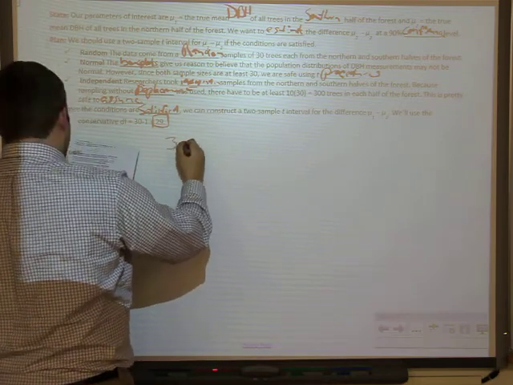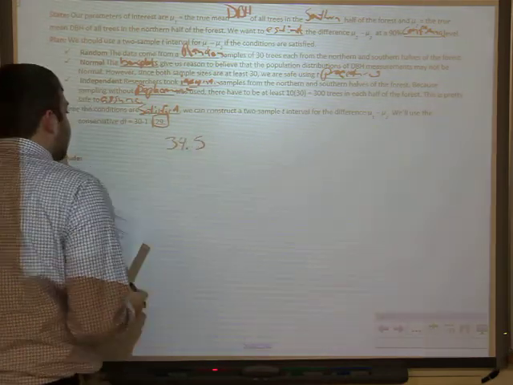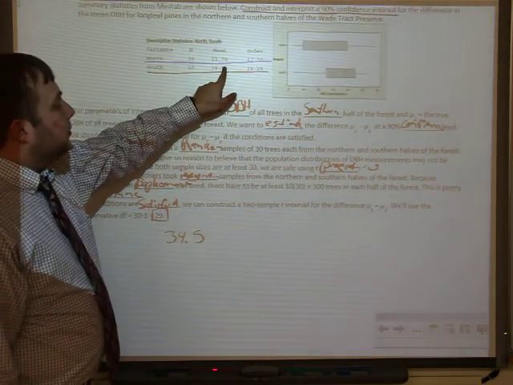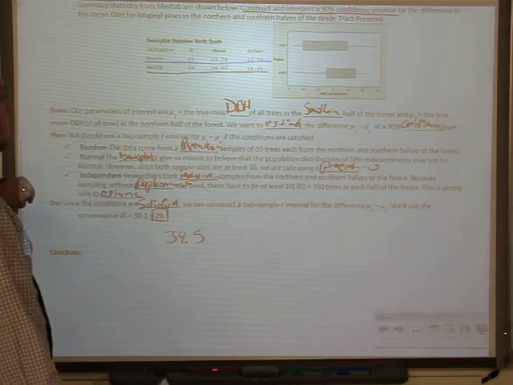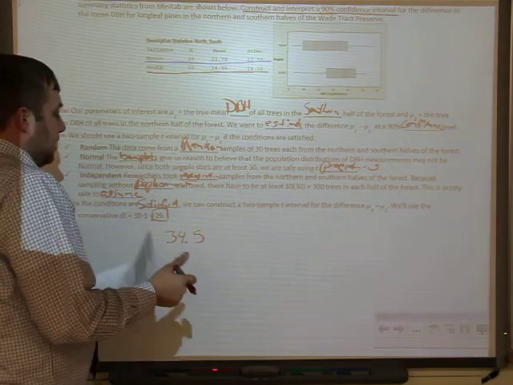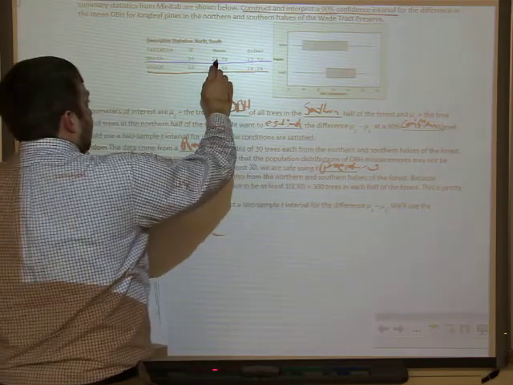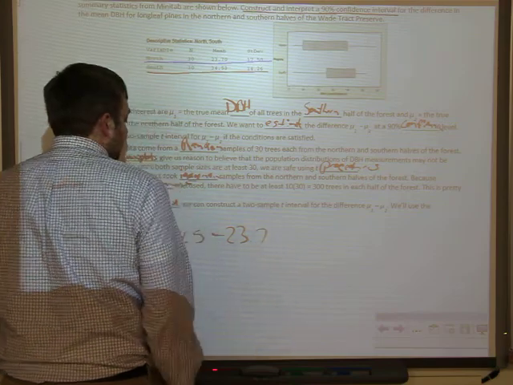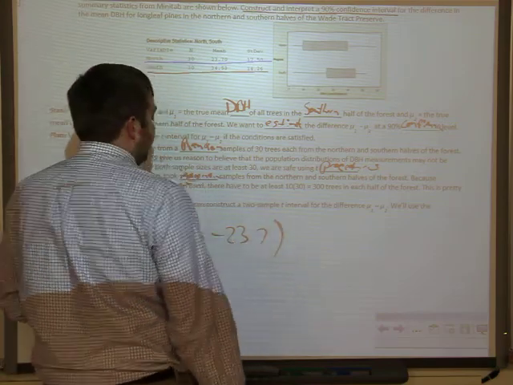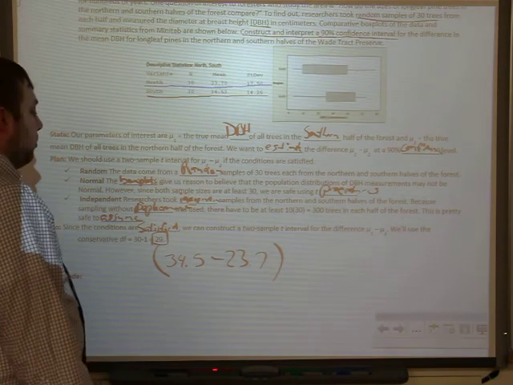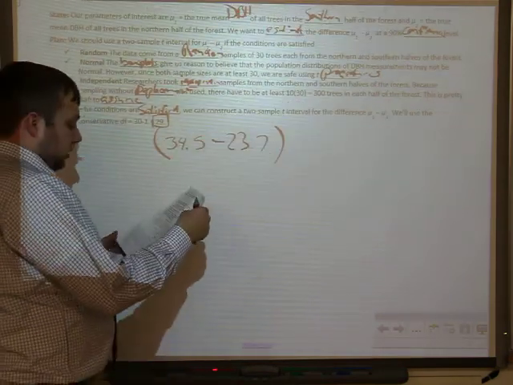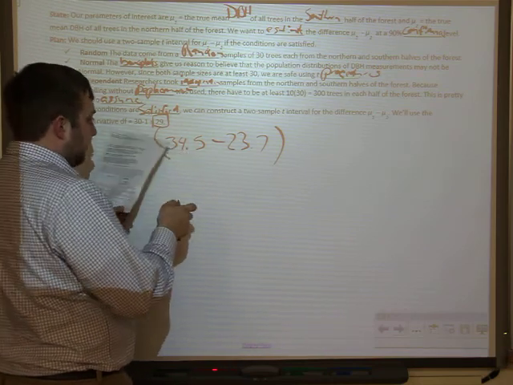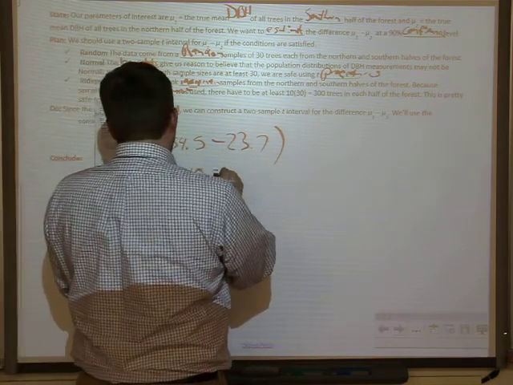First off, the south had a mean of 34.53. Okay, we're going to round it. Minus, because I'm checking the difference between north and south, 23.7. That's basically my starting point. What's that actual difference? I believe the difference is 10.83.